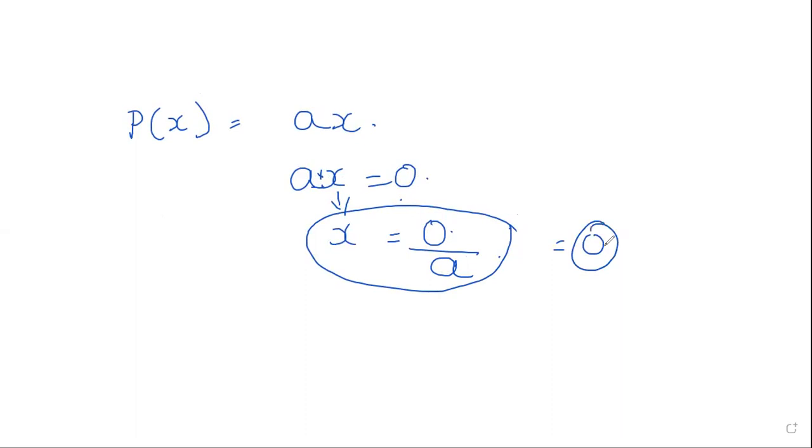So 0 is the 0 of the polynomial. In place of x, if you write 0, a into 0 is 0. Is everyone understanding, children?